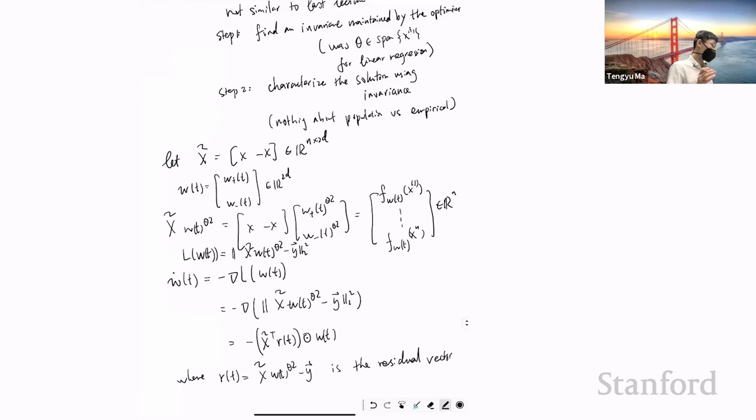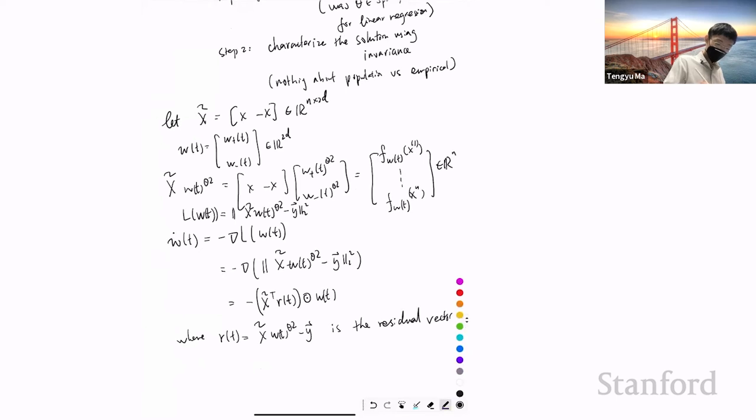If you are familiar with linear regression, you will realize that if it were linear regression, then this term would be our gradient. But now it's not linear regression because you have the quadratic parameterized model.